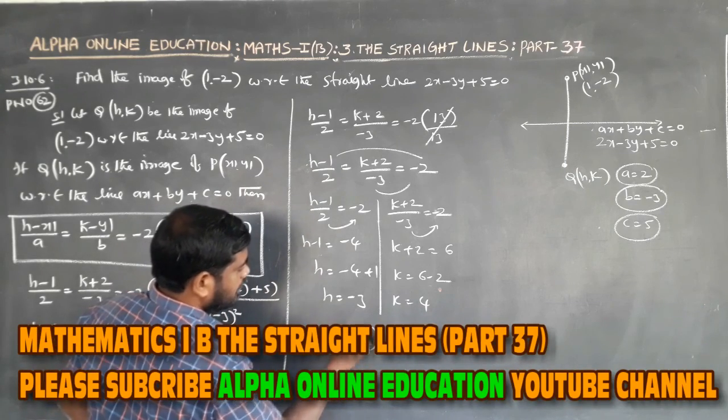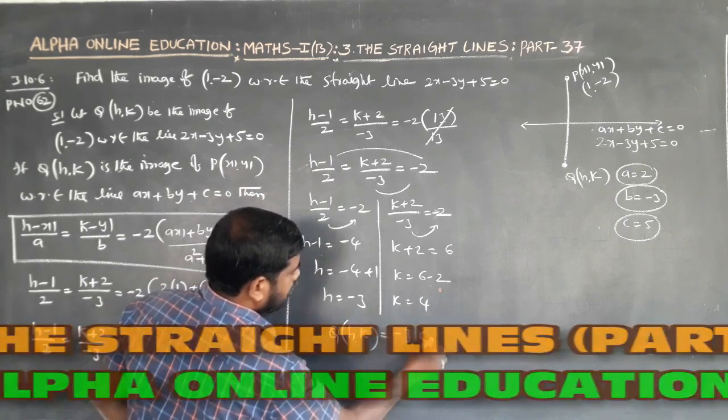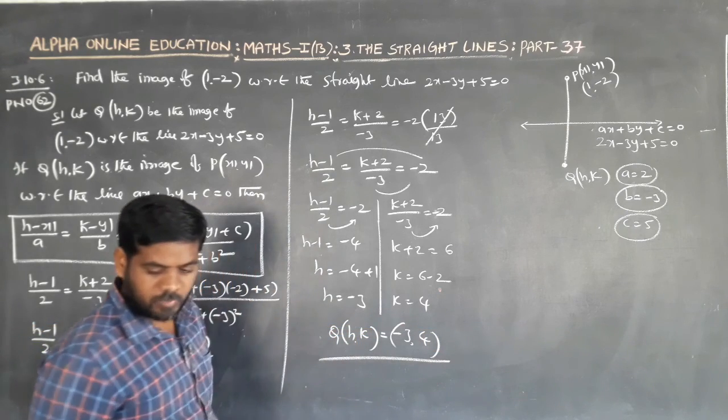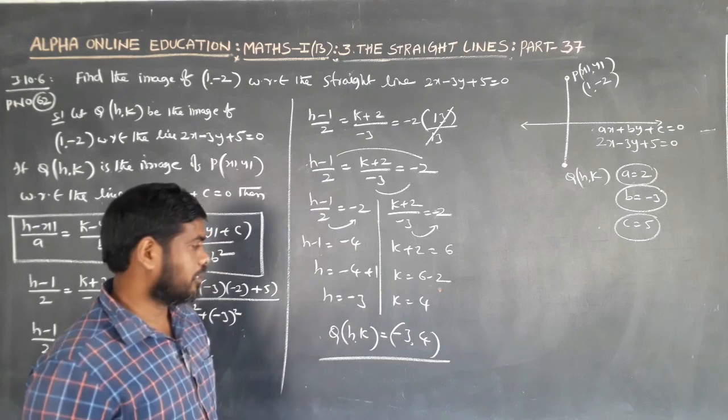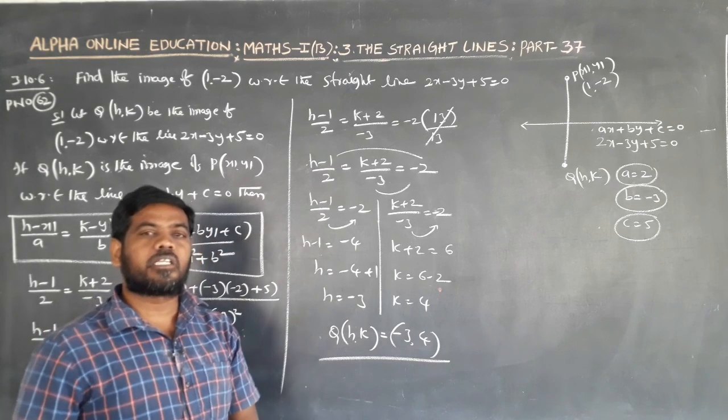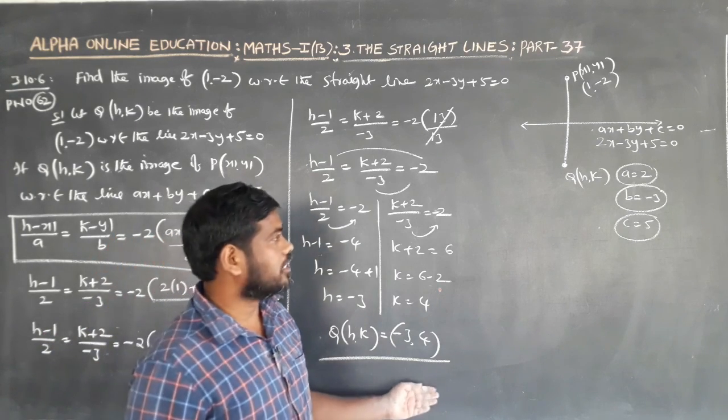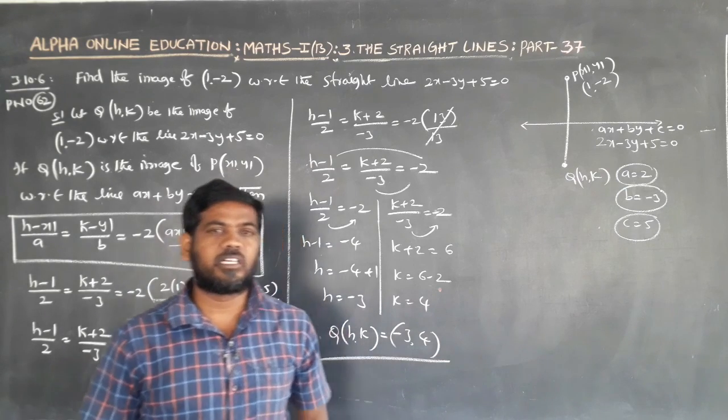Therefore, the image Q(h, k) is equal to (minus 3, 4), which is the answer. This is the process for finding the image.